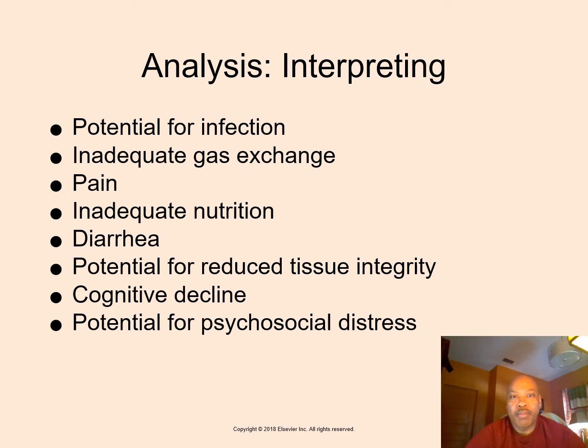These are the priority collaborative problems for patients with AIDS, and relevant data will be discussed in subsequent slides. The first one we will be talking about is potential for infection, and then inadequate gas exchange, pain, inadequate nutrition, diarrhea, potential for reduced tissue integrity, cognitive decline, and potential for psychosocial distress.